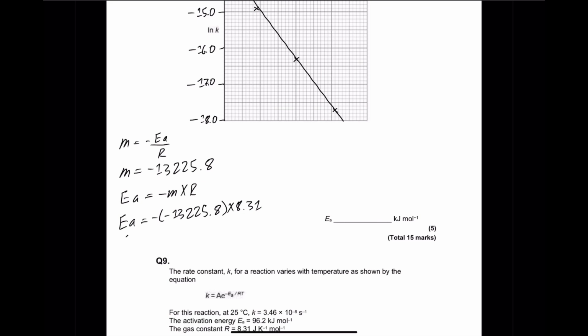And then activation energy is equal to 109,906 joules per mole.